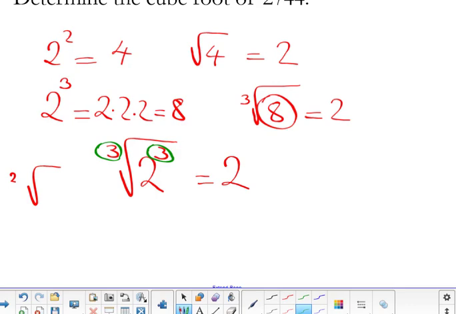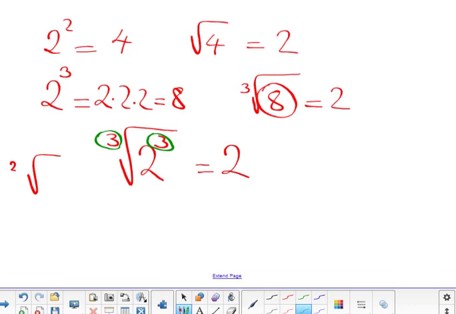So the cubic root of 2 to the power of 3, you can think of it as they cancel or undo each other. So if you've got a number a and you raise a to the power of 3, and then take the cubic root, the cubic root undoes or reverses the cubing, and so we're left with a.